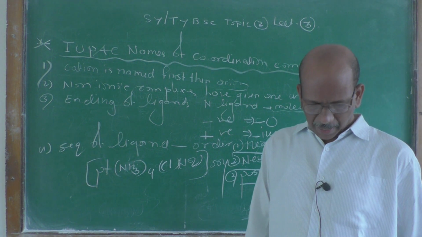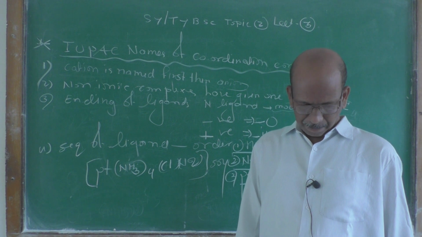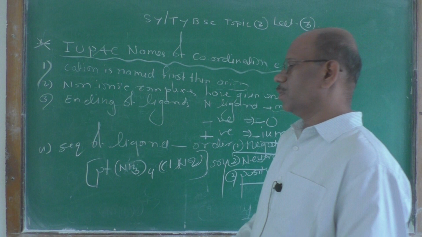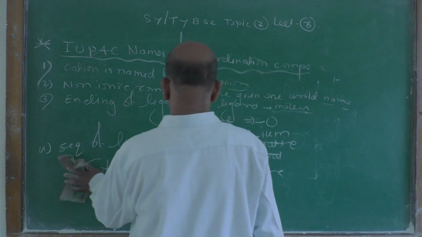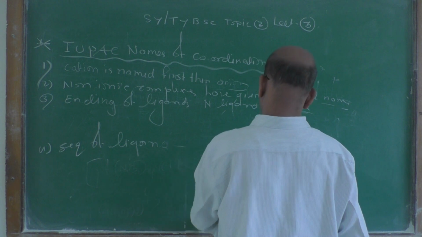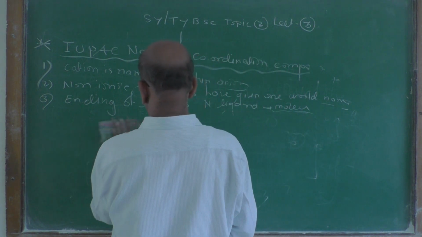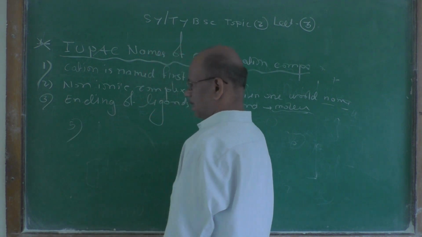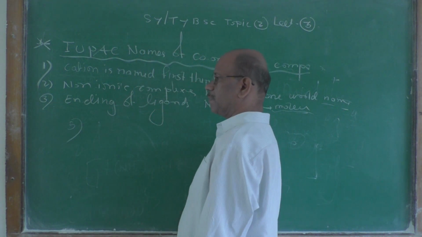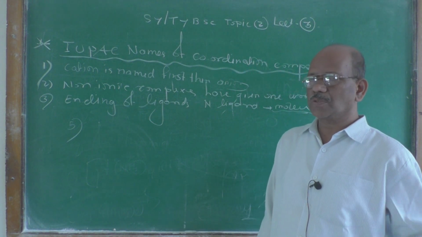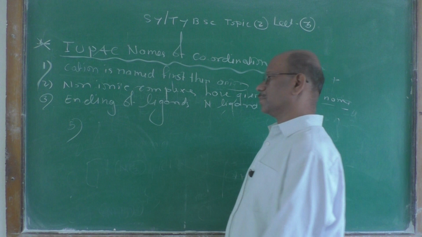Then rule number 5 is about how many ligands are there, and whether those ligands are simple or complex. If simple ligands are there like fluoro, chloro, bromo, hydro, aqua, and so forth, what do you use?